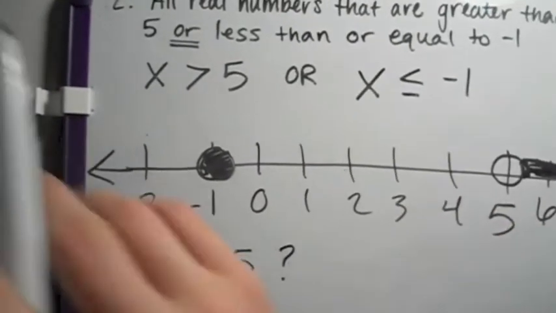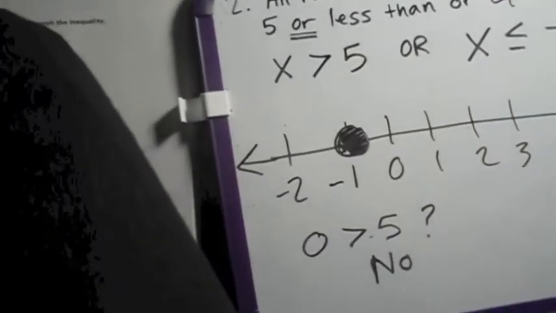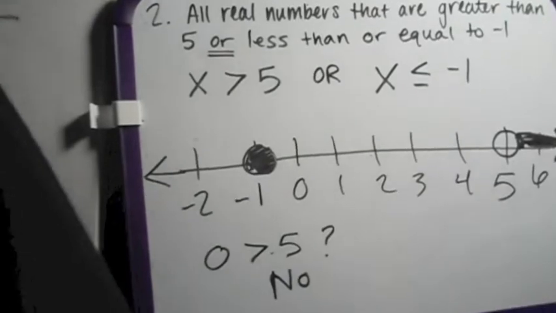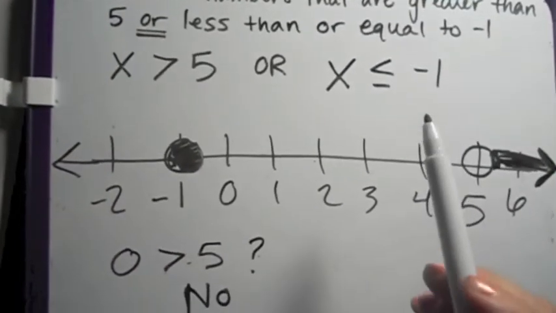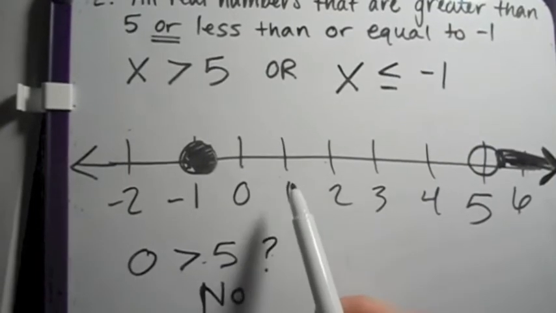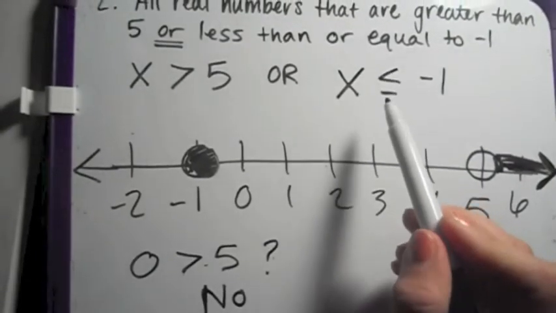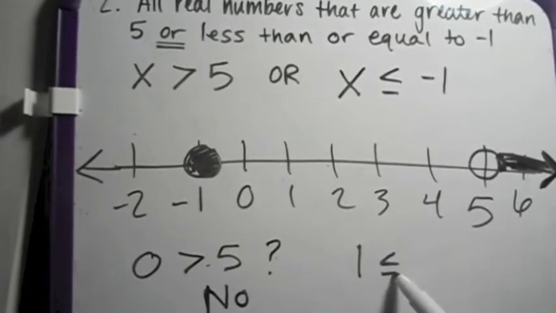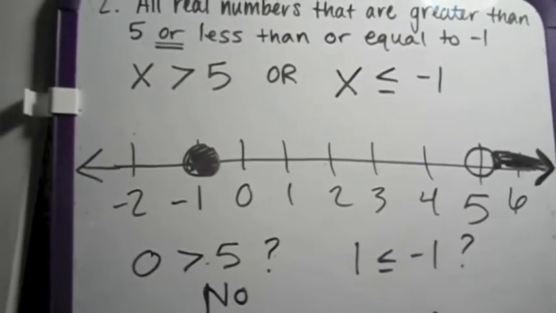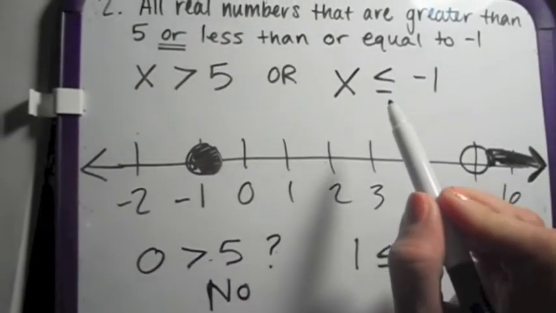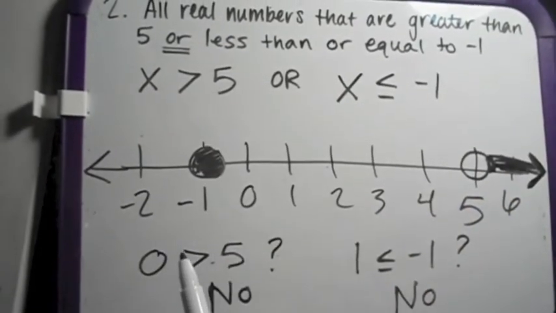The other inequality is x is less than or equal to -1. Plug in a test point. Is 1 less than or equal to -1? No. Is -2 less than or equal to -1?